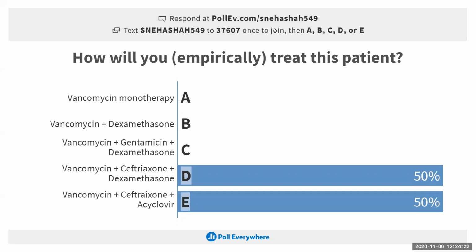But sometimes we have to make the decision, right? Kara says D. Okay, so a little bit of controversy here between D and E. The correct answer is D, vancomycin, ceftriaxone, and dexamethasone. And we'll talk a little bit about why that is the correct answer and why acyclovir is not needed in this patient.